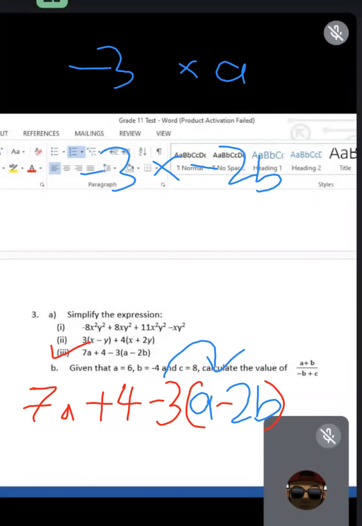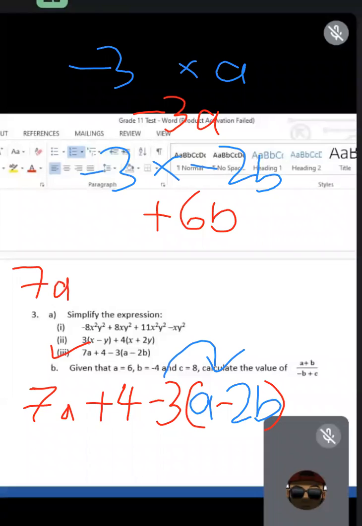What is the outcome of minus 3 times a? It's going to be minus 3a. The outcome of minus 3 times minus 2b, we're going to get plus 6b. Right?